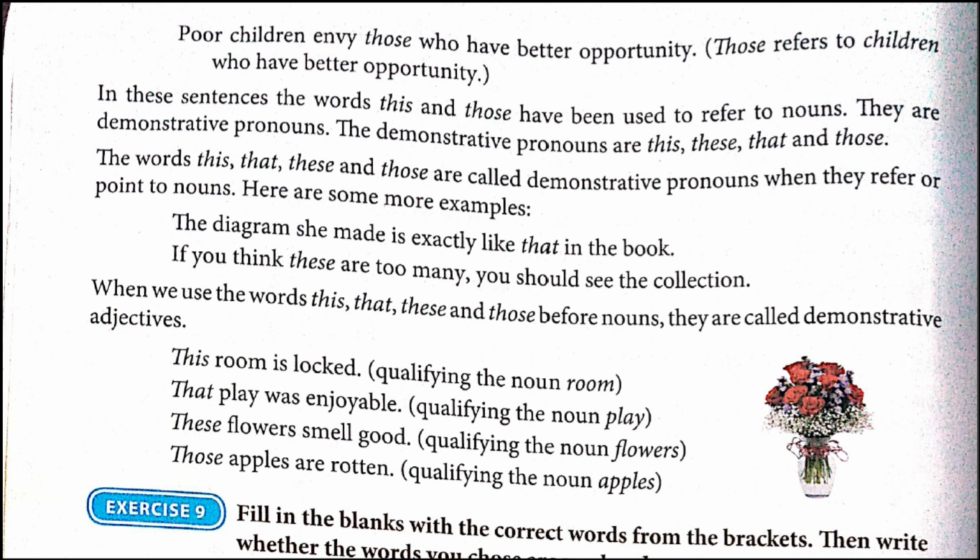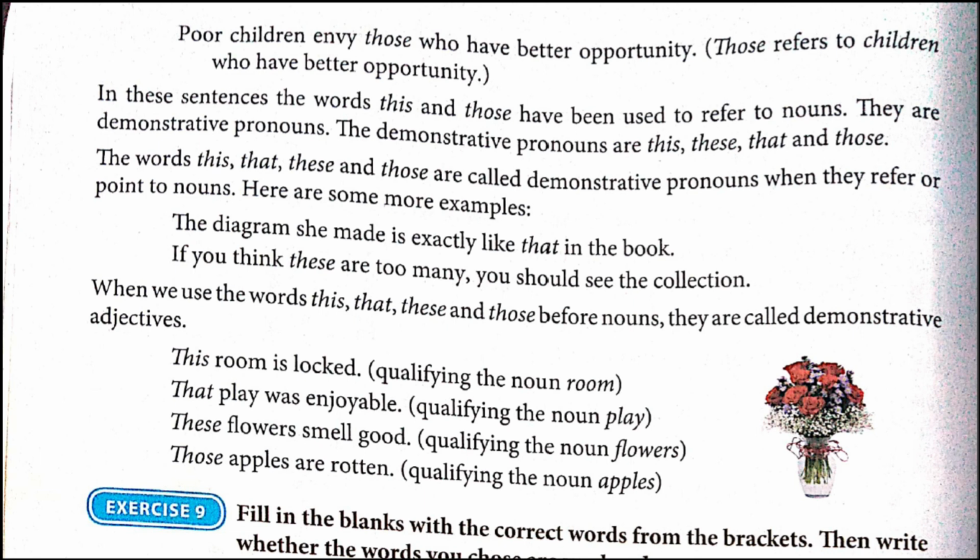Now, when we use the words this, that, these, and those before nouns, they are called demonstrative adjectives. When a demonstrative adjective comes, next to it a noun will be there. Let's see how.